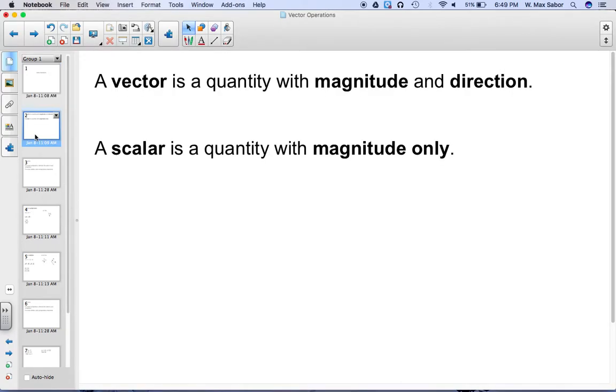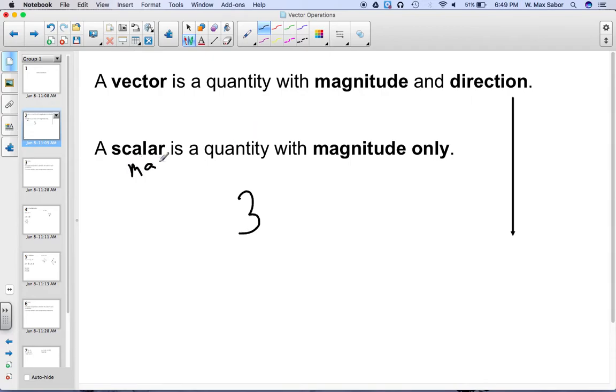A vector is a quantity with magnitude and direction, something like this. It has a size as well as, oh, this is pointing down. A scalar is a quantity with magnitude only. So something like 3. You can think of this as the difference between mass and weight.